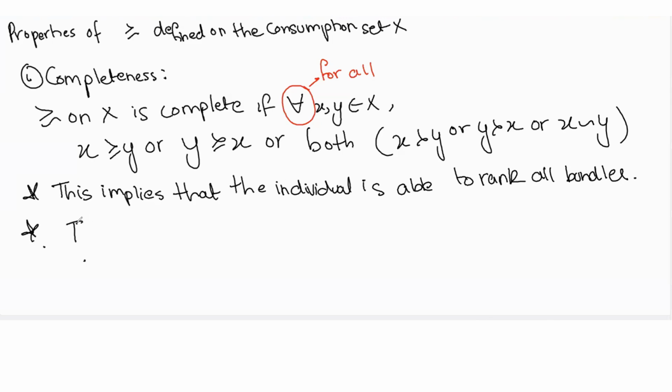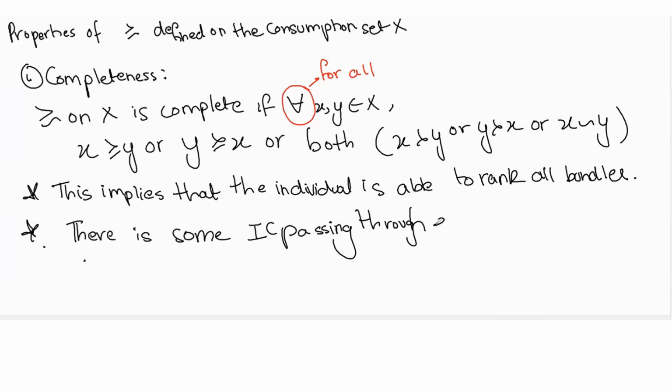In terms of ICs, this means there is some IC, some indifference curve, passing through every bundle in the consumption set. So this is the implication of this: when we draw the ICs in the consumption set, there is some IC passing through every bundle.